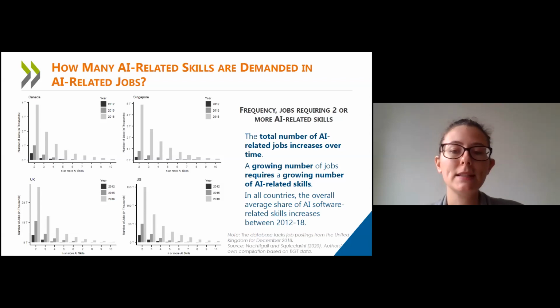Basically you see that over time, the lighter gray bars are much higher than the darker ones, implying that we have many more AI-related jobs. But very interestingly, we also see that over time, there's a growing number of AI jobs that actually require multiple AI skills. So they basically seem to become more AI intensive. Part of this result is because we can see a huge increase in the demand for specific software-related skills. Next slide, please.